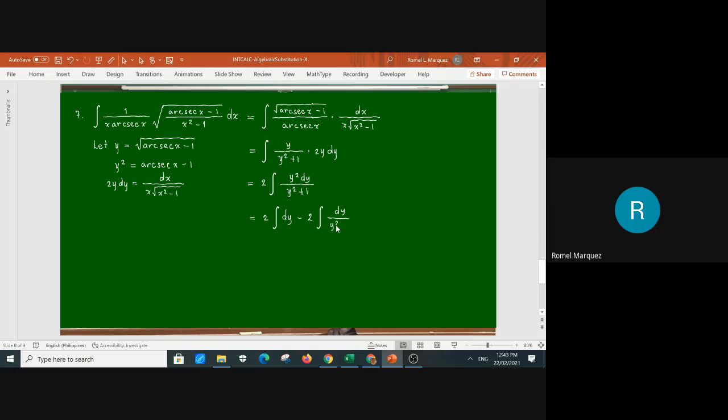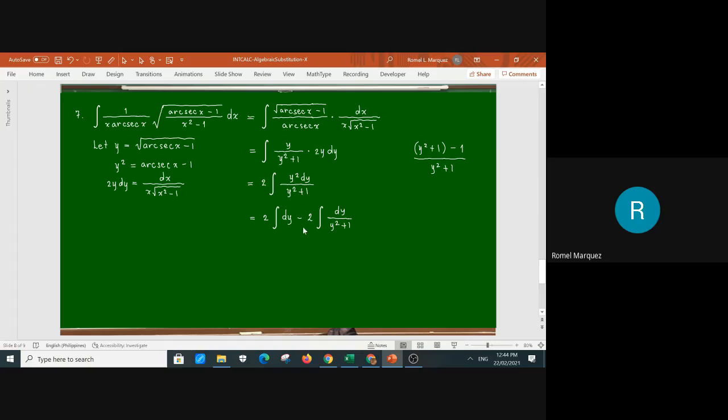Y squared plus 1. Am I correct, guys? Do I have to write that? Y squared plus 1. And then let's retrieve it. Minus 1, so that we'll be able to retrieve or maintain y squared over y squared plus 1. So this is equal to 1. This is minus 1 over y squared plus 1.